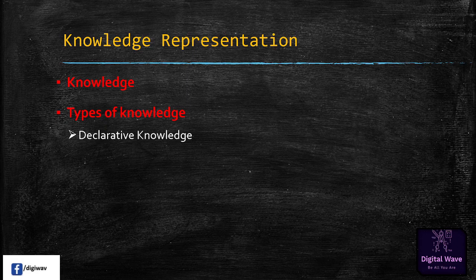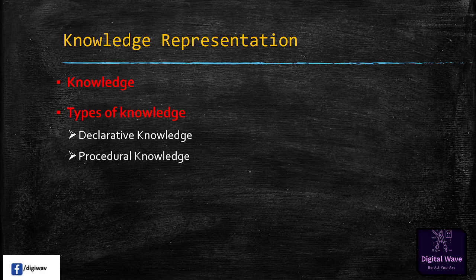Declarative knowledge is knowing about something. It includes concepts, facts and objects. It is also called descriptive knowledge and is expressed in declarative sentences. It is simpler than procedural knowledge.